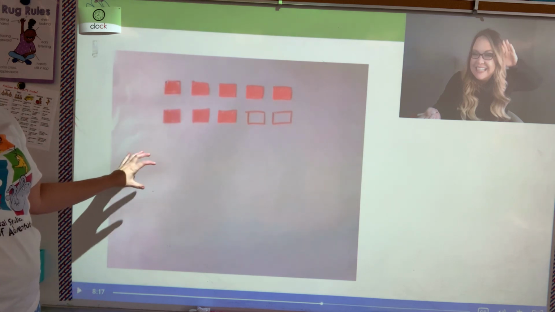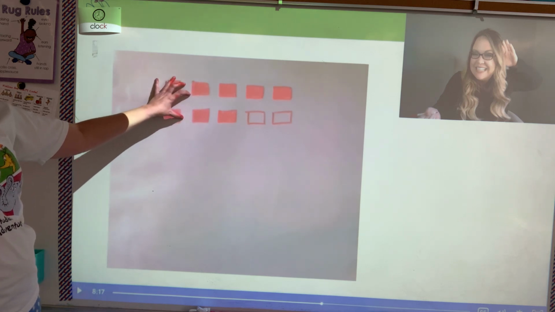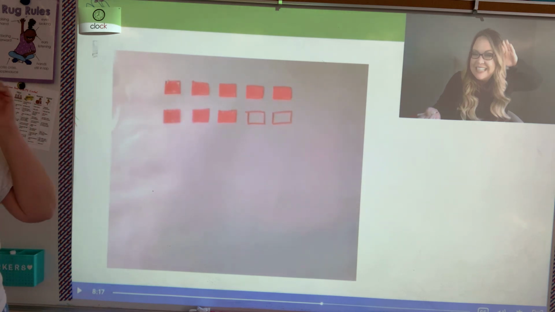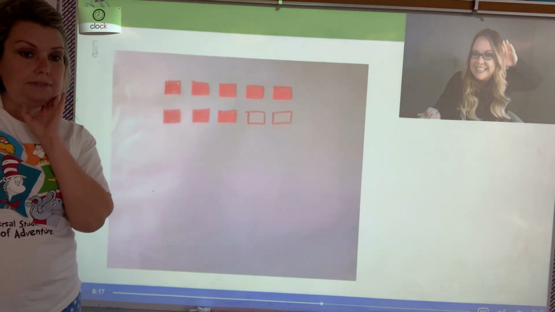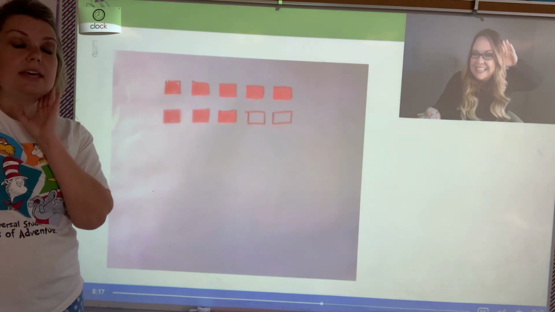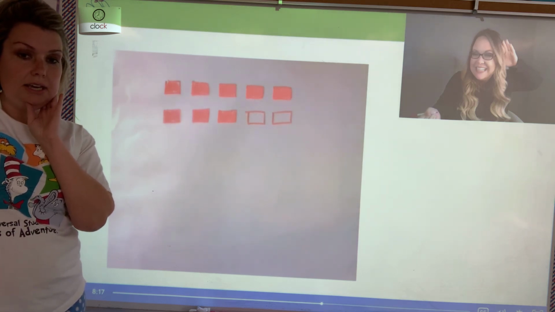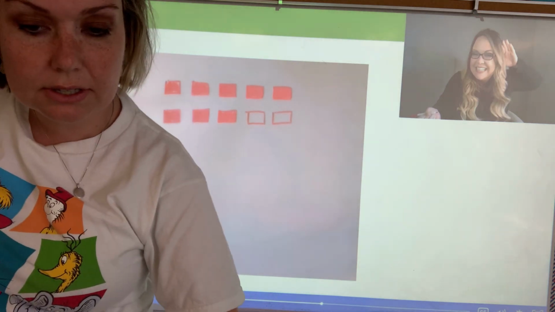So Carolyn said 10 equals 8 plus 2. We need to keep our parts, but is there a different way I can write that? 10 equals 2 and 8. That is true. 10 equals 2 and 8. Or I could do 8 plus 2 equals 10.